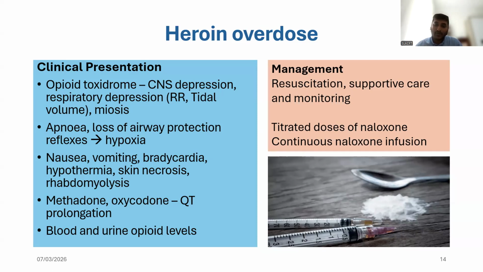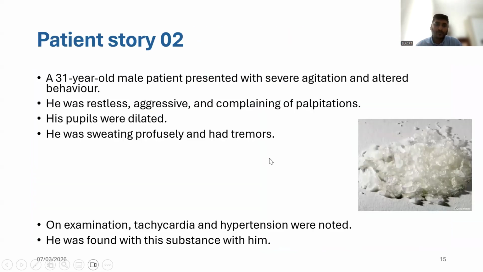For heroin or morphine, we have an antidote, which is an opioid antagonist, naloxone. We should consider titrated doses of naloxone, but for long-acting opioids, we would consider continuous naloxone infusion until the patient recovers clinically. So you can see that if you know the opioid toxidrome, from the clinical presentation itself we can make the diagnosis.